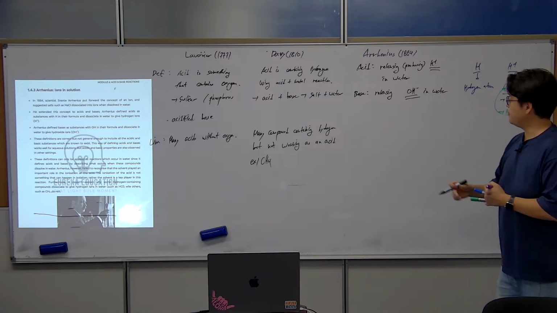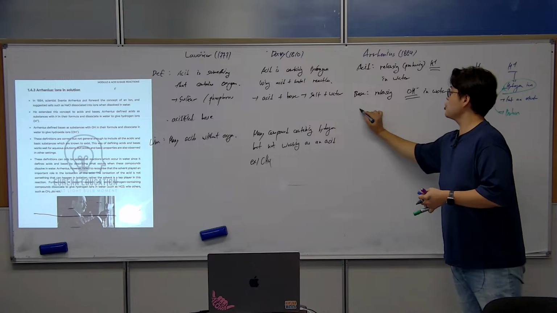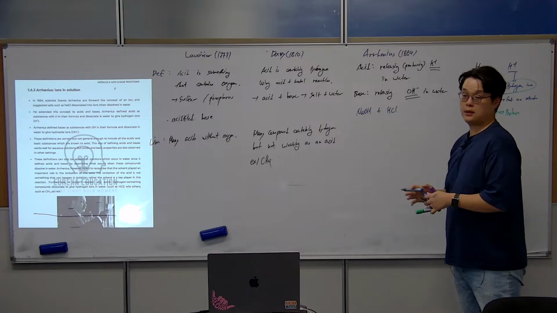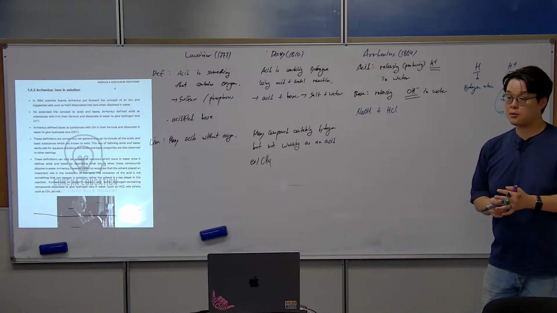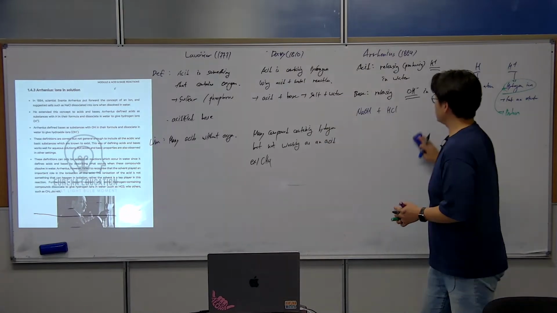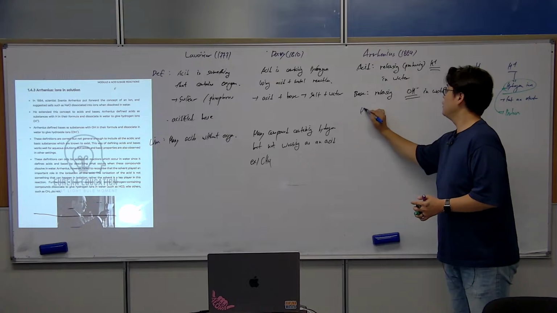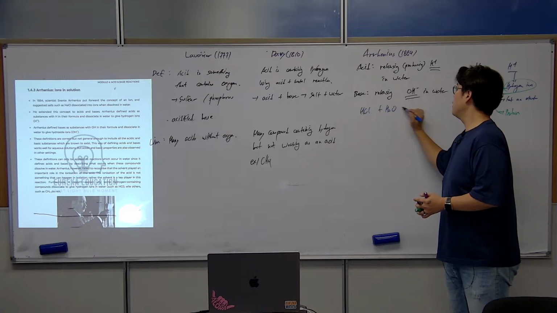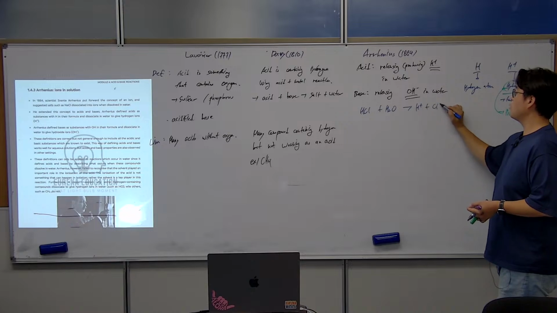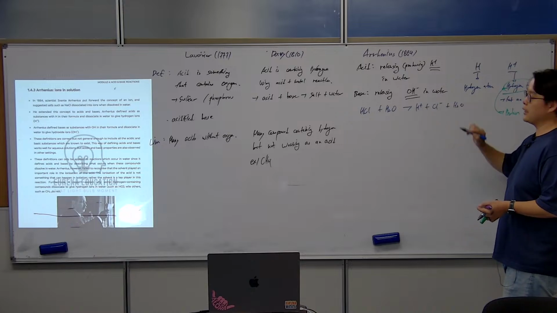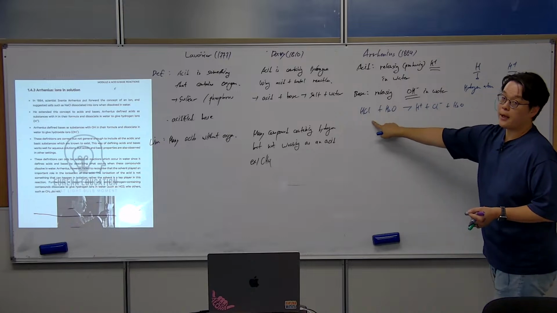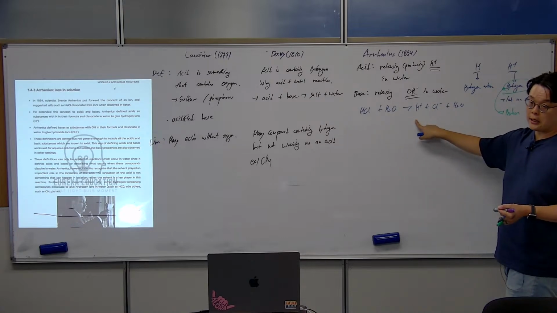For example, when we have sodium hydroxide and hydrochloric acid, there's a neutralization between those two. Or when we put hydrochloric acid into the water, it releases the hydrogen ion plus chloride ion, leaving the water like this. So that's what he believed about the acid according to Arrhenius' definition.